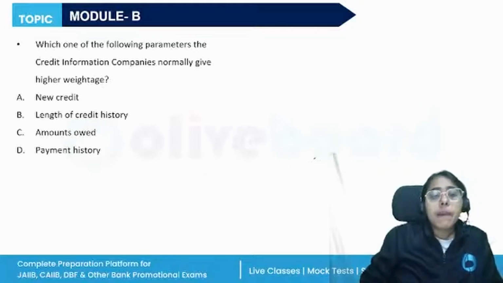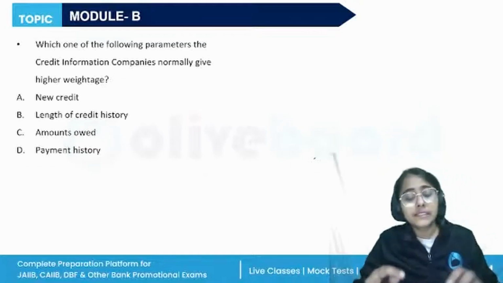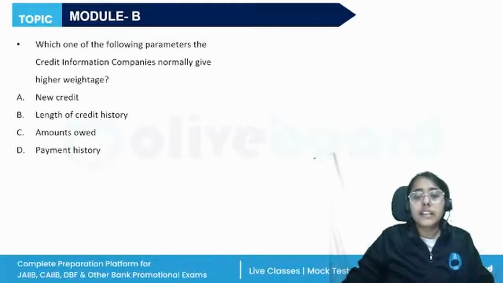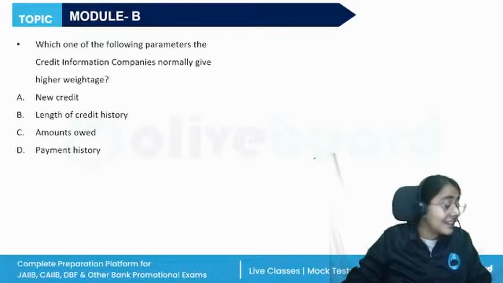All right. Which of the following parameters do the credit information companies normally give higher weightage? New credit, length of credit history, amounts owed, and payment history. So, when the credit information companies are calculating the credit score of the individual, they take into account information like the defaults on the previous credit transaction and the payment behavior or the previous searches. Are there warning signs in the credit score?